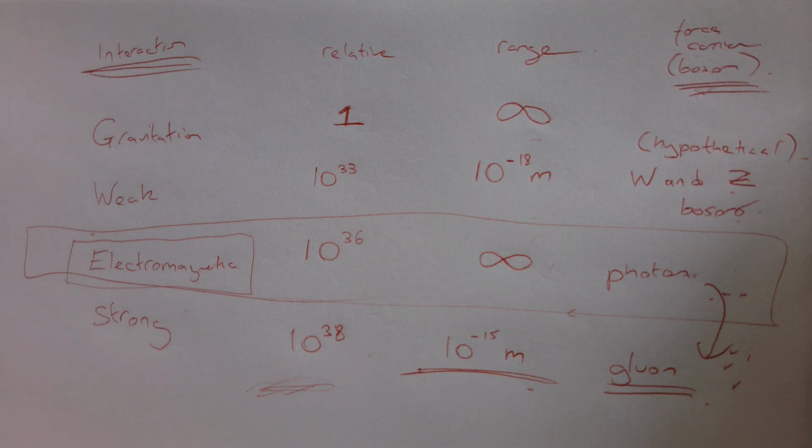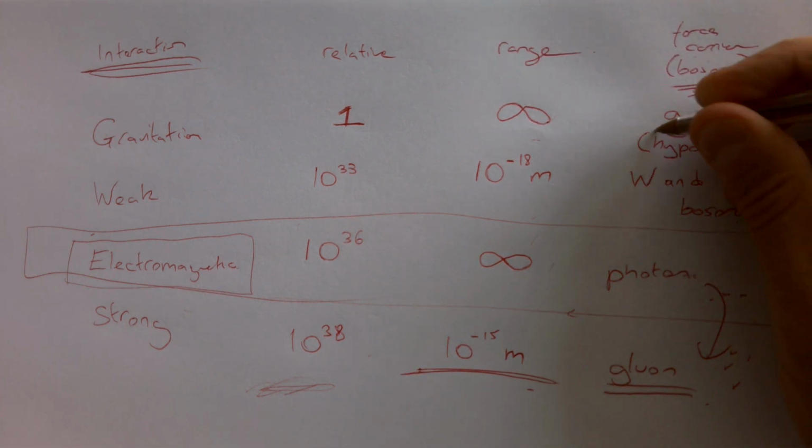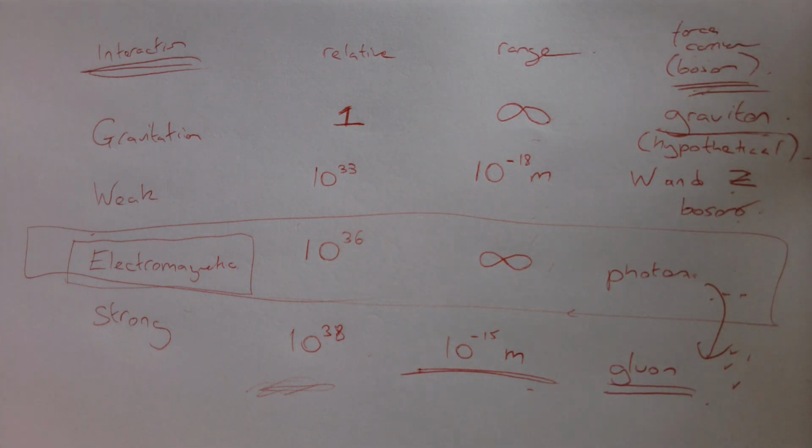And that is the hypothetical graviton. Now, this isn't just wild fringe science. Most modern working physicists pretty much accept the graviton as an idea. This isn't a wild leap, but we've not been able to detect it yet.